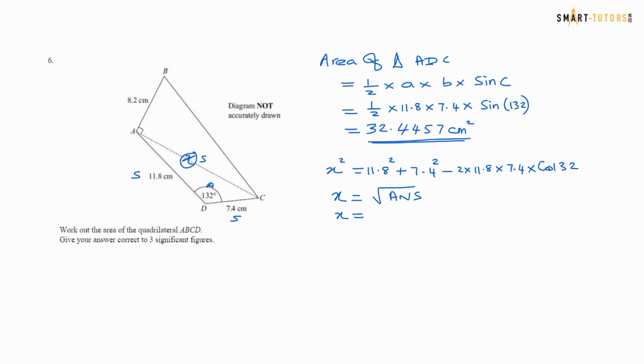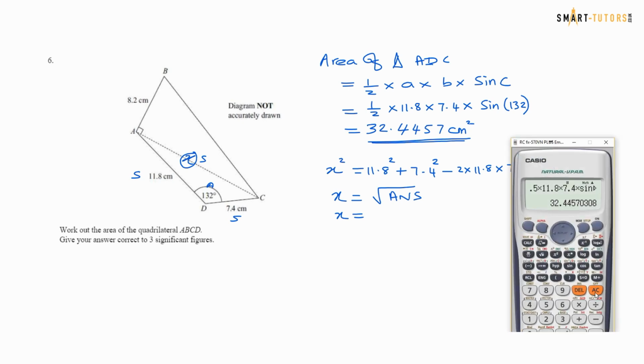Let's use the calculator quickly. Square root of 11.8 squared plus 7.4 squared minus 2 times 11.8 times 7.4 times cos 132.